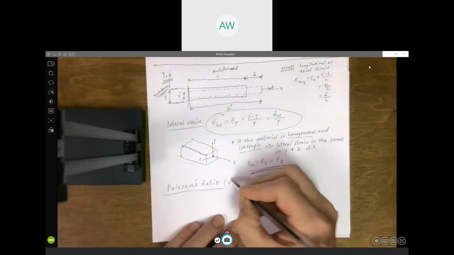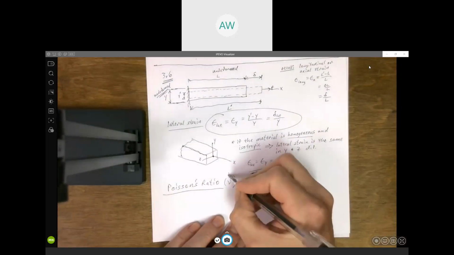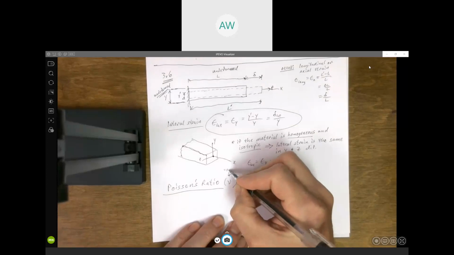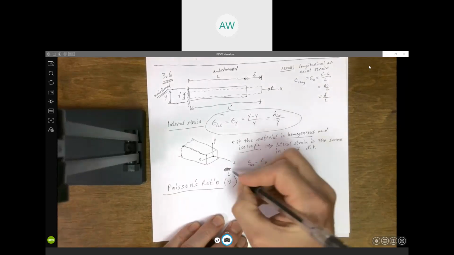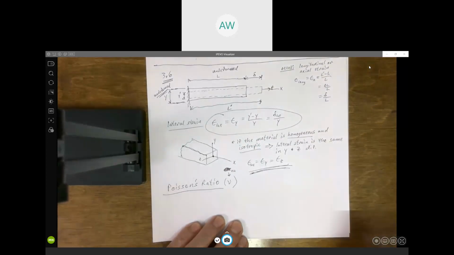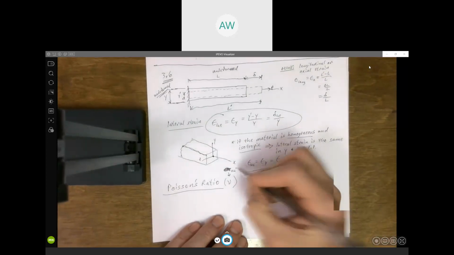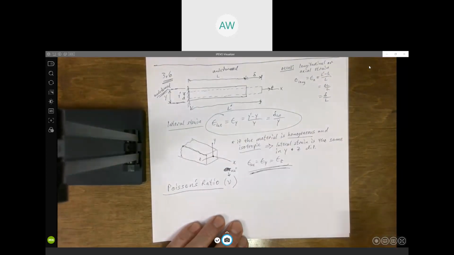Mine's probably not going to be too good, but this is a lowercase Greek letter nu. It looks kind of like a V that's squashed and deformed, but that is the Greek letter we're going to use to denote Poisson's ratio.